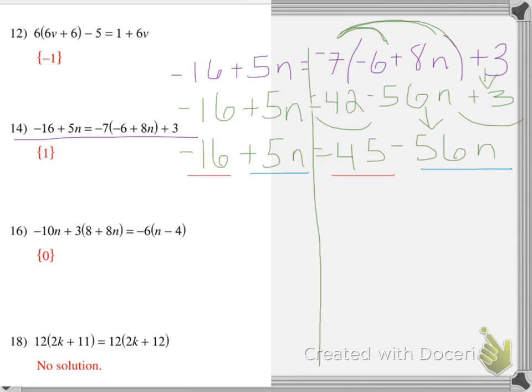Let's always move the variables to the left, and then let's always move the constants to the right. And that'll just keep things the same. Doesn't matter at all if you do that, but when we're working together, it kind of helps to have a plan. So to move this blue over to this blue, I'm going to add 56. I hope you remember that. Opposite operation.